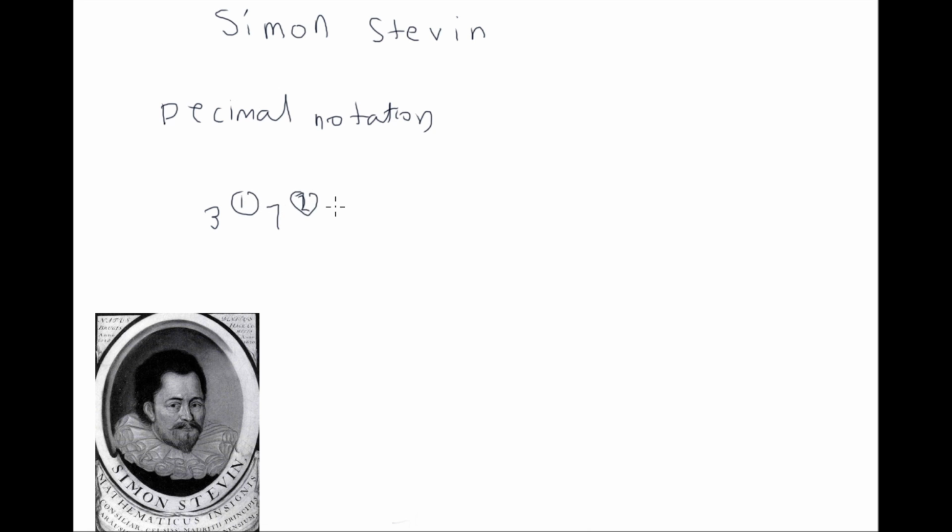Now, for example, let us take one of his notations, that is the decimal notation, 3172 53 and 94. This means 3 primes, 7 seconds, 5 thirds, and 9 fourths, and this can be continued infinitely. It can be seen from the definition that the numbers are 3 by 10, 7 by 100, 5 by 1000, and 9 by 10 power 4, and that this number would be 3759 by 10,000.